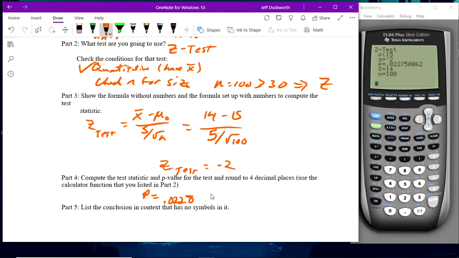And finally, we know this is also less than our alpha, which is 0.05. So we're going to reject again.